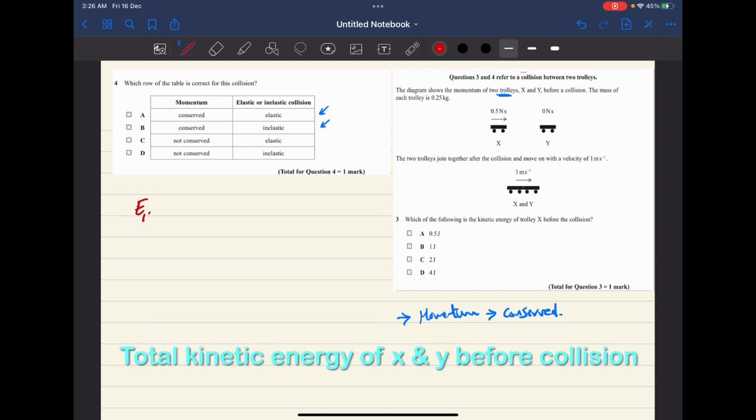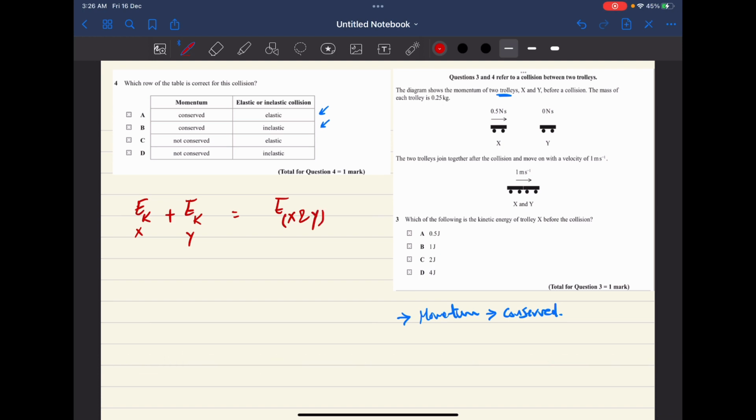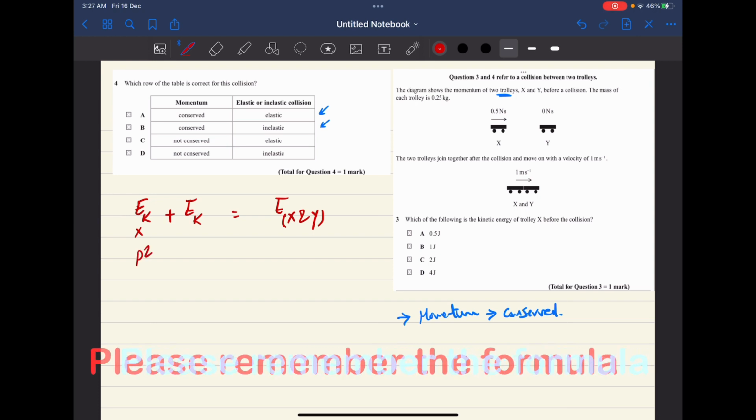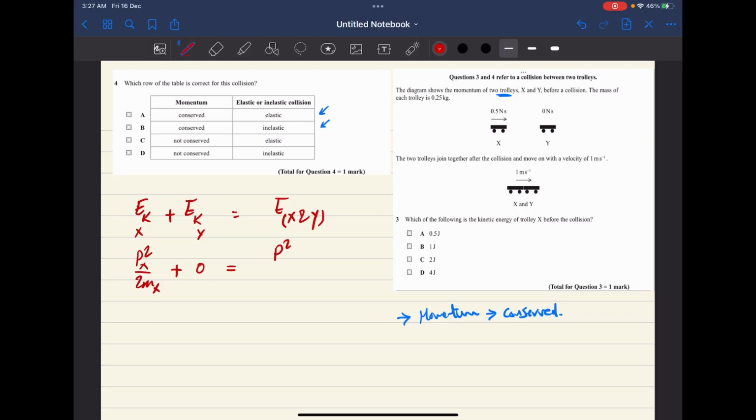Kinetic energy for x plus the kinetic energy for y equals the kinetic energy of both x and y. For x, I use the formula of kinetic energy linking to momentum, p squared of x over 2mx, plus the kinetic energy for y, which is 0, equals p squared for both x and y divided by 2m.